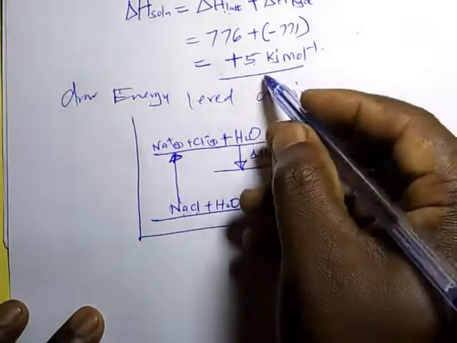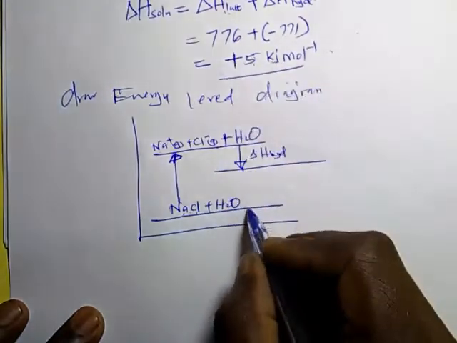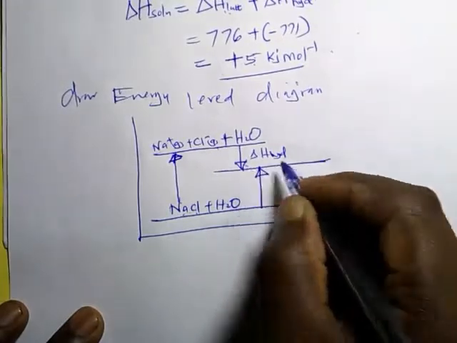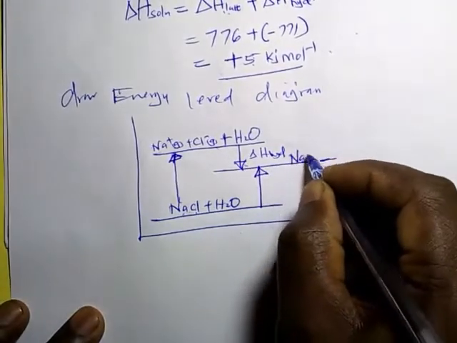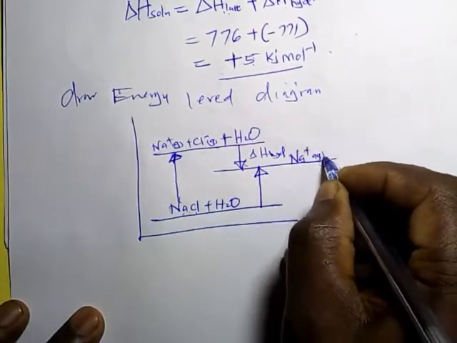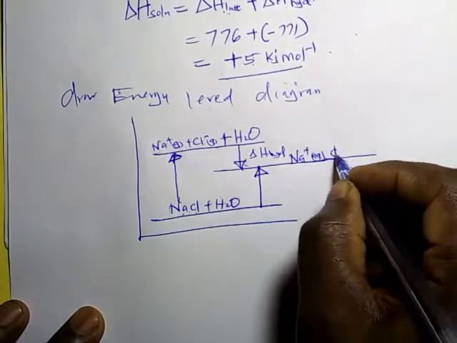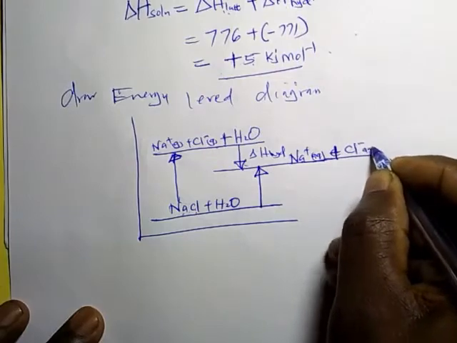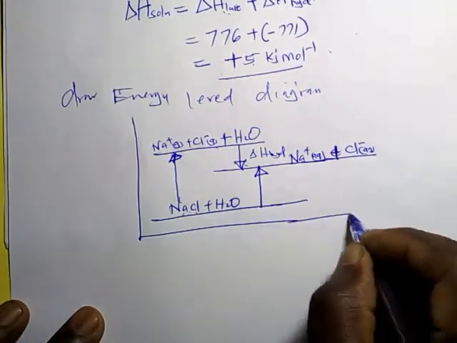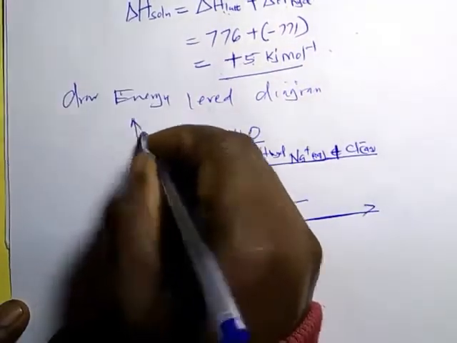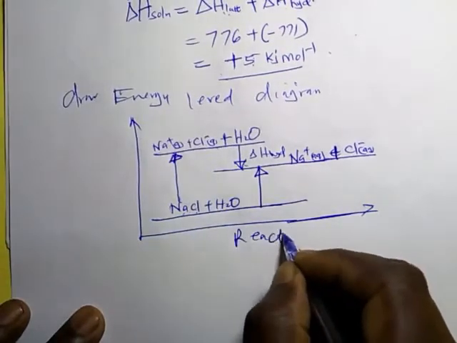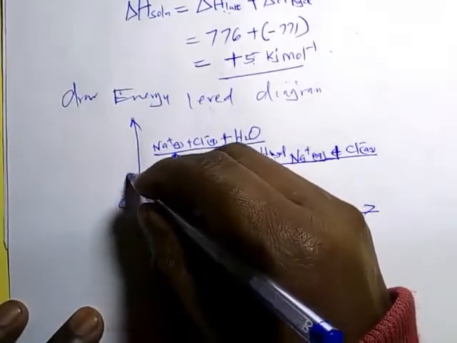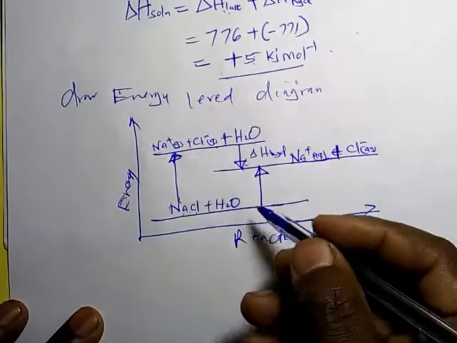Now the overall is positive, therefore the heat of solution must be upwards. Going through hydration, we form sodium ions in aqueous plus chloride ions in aqueous. You write energy on the axis.